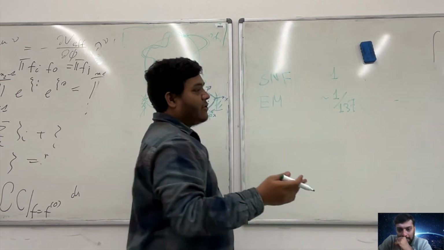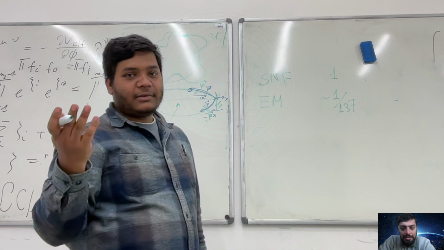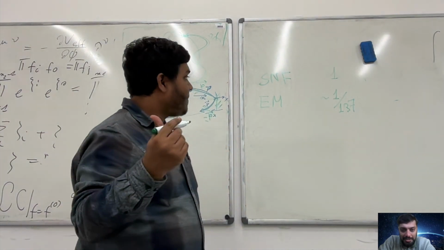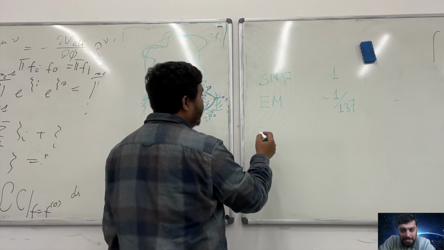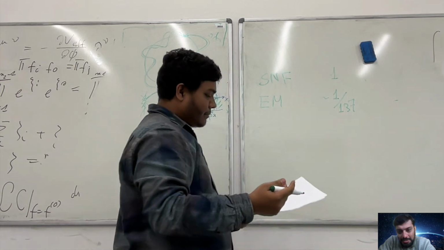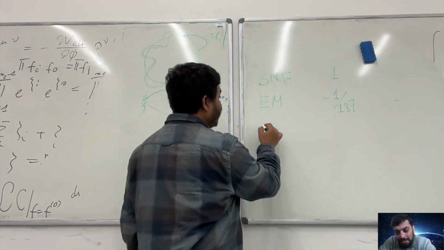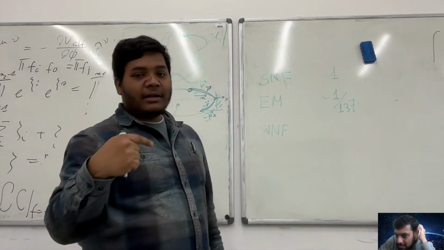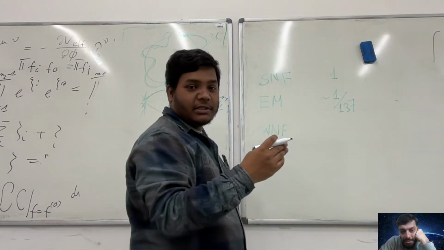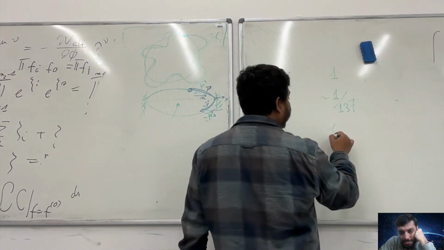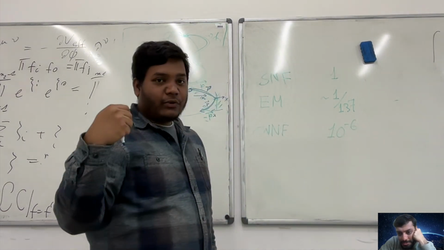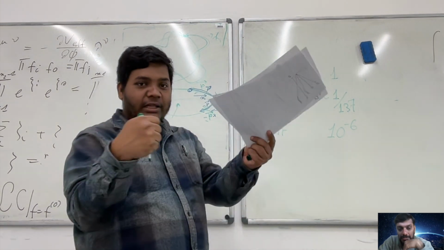This is alpha, the fine structure constant. Then if I go to the weak nuclear force, it is of the order of 10 to the power minus 6, which is even weaker.